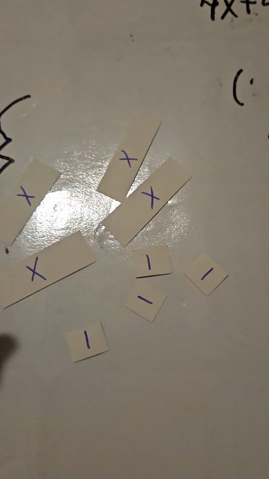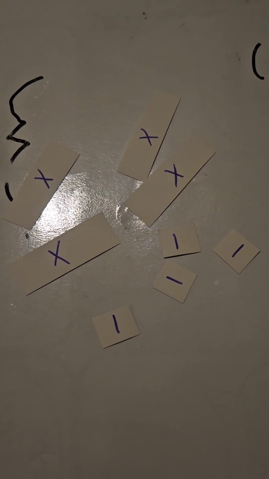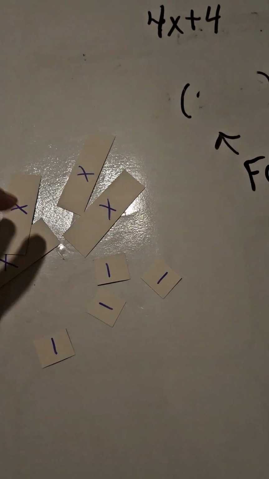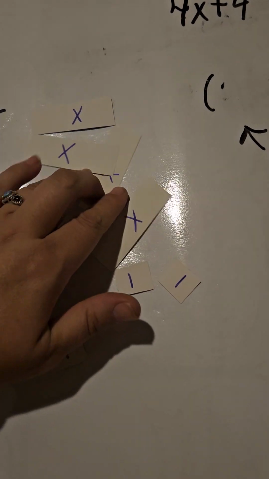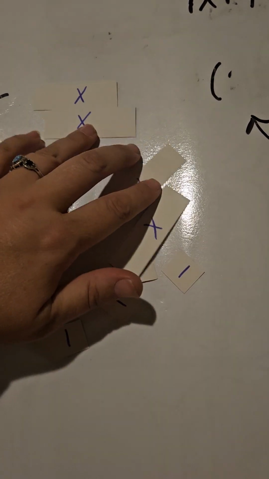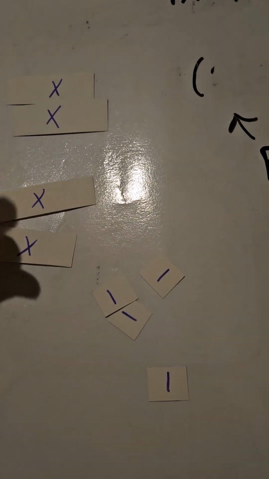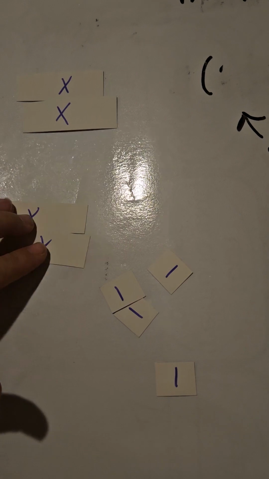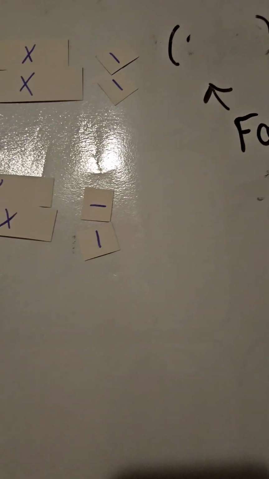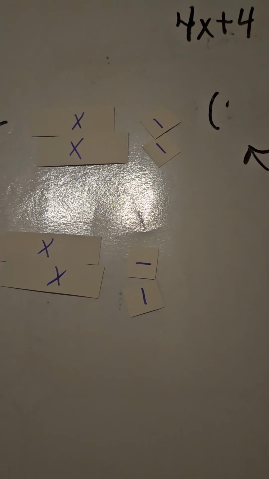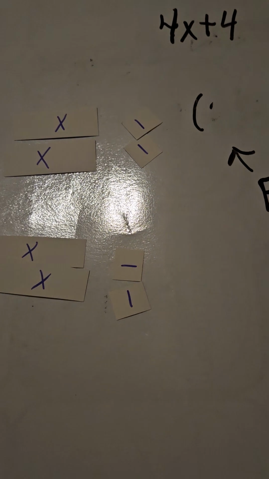Okay, 4 x's and 4 1s. Now how can I split this up? Well, if I went with what I did on the last problem, what would happen if I put these in 2 x's in each row? Because I knew that worked before when I had an even number of x's and an even number of 1s. So this does work to put it in 2 rows, and in each row 2 x's and 2 1s.